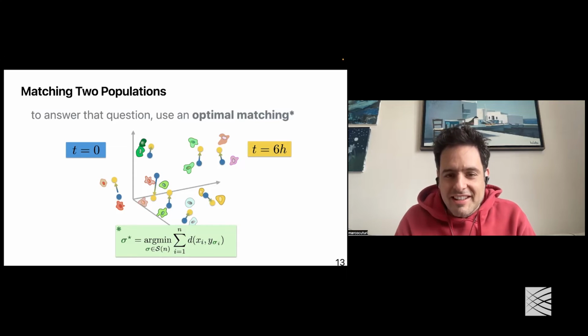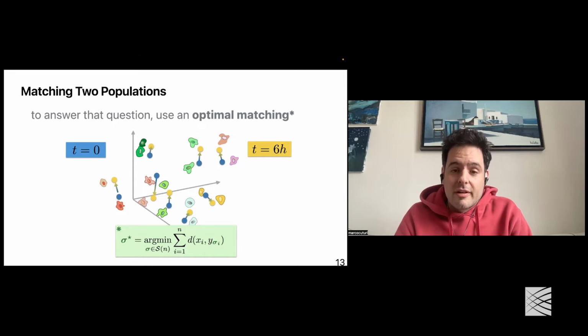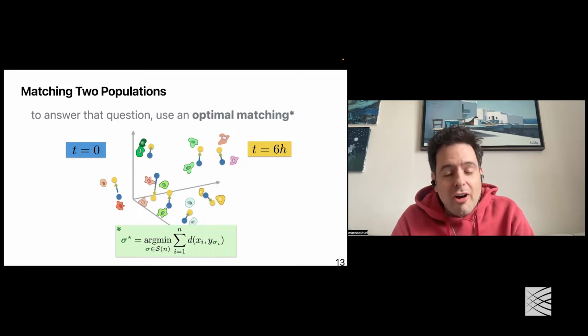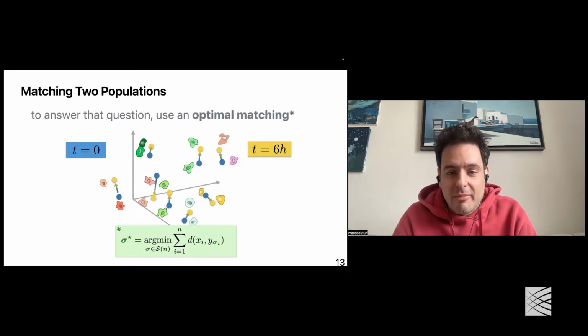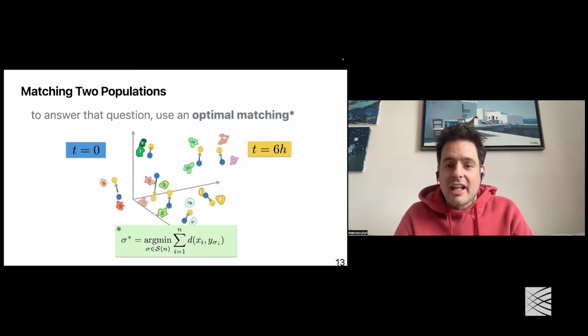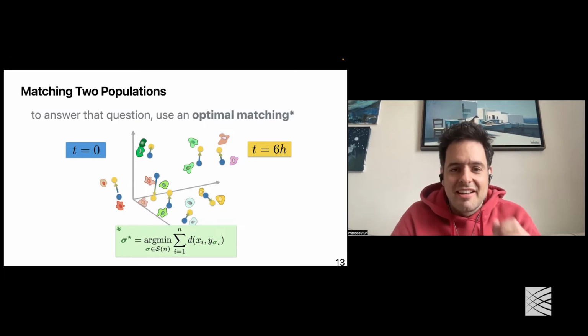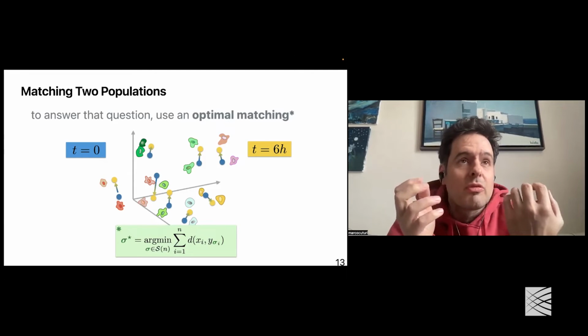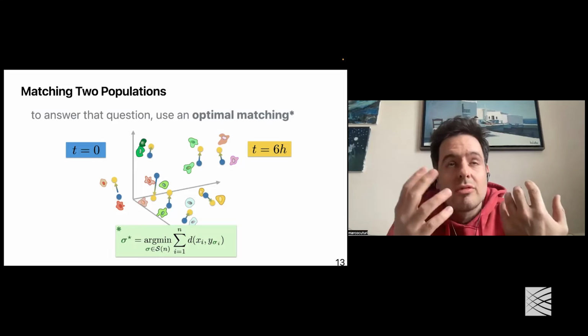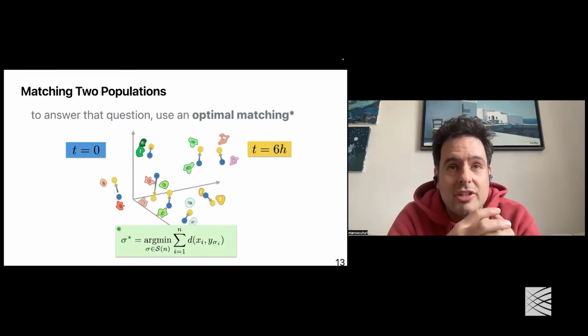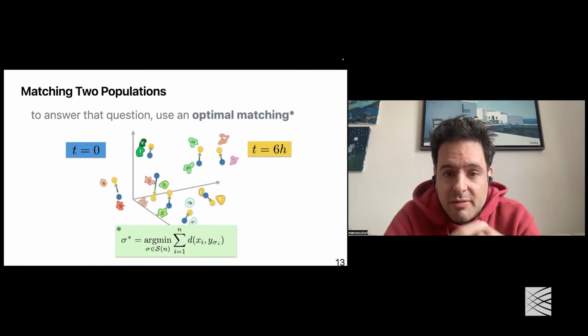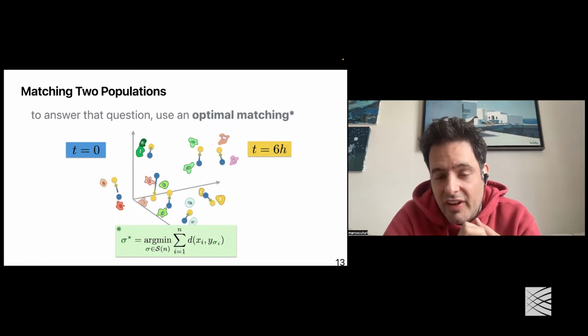Because the devil is in the details, of course, this is going to be far harder to carry out if you are in higher dimensions. So this is a bit of a caveat that I'm announcing. You should not see optimal transport as a universal tool to help you do this matching. It's going to be one that is essentially parameterized by the notion of distances between cells that you are defining.